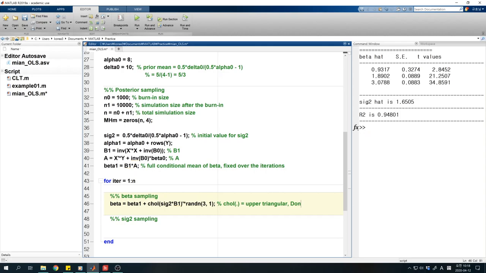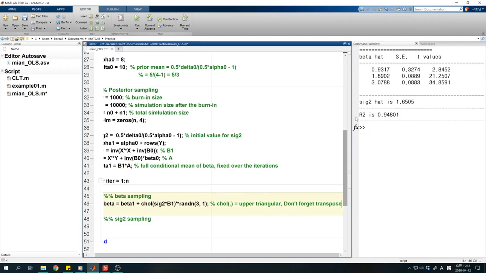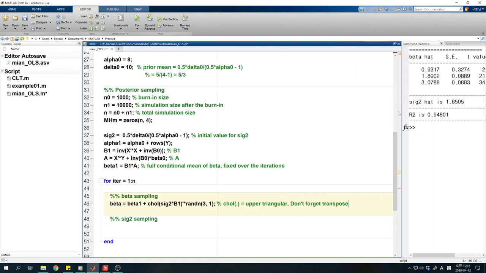Don't forget the transpose. Okay, so this is beta. Okay, this is beta, right? This is beta.